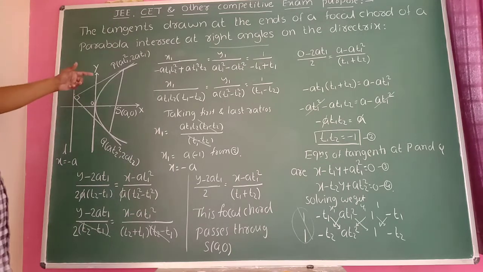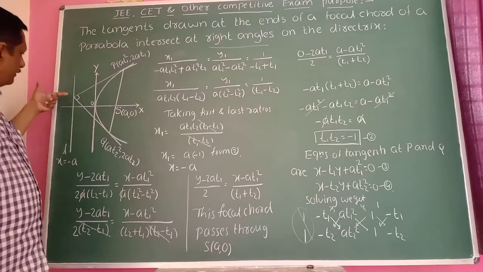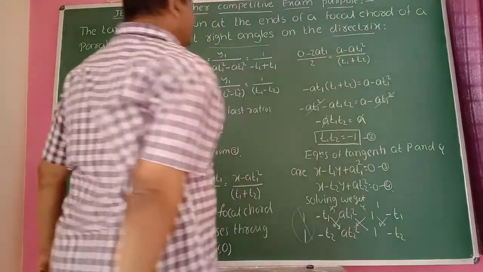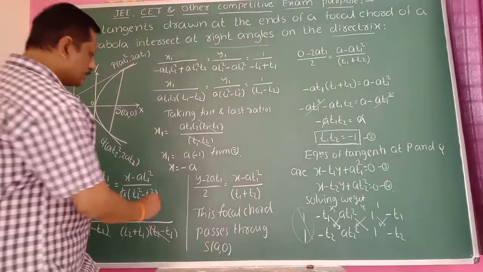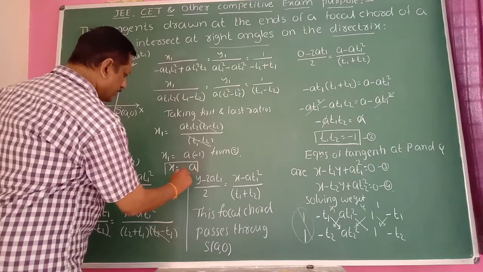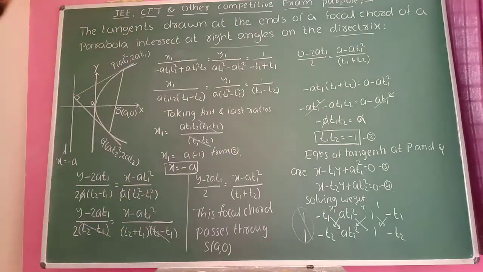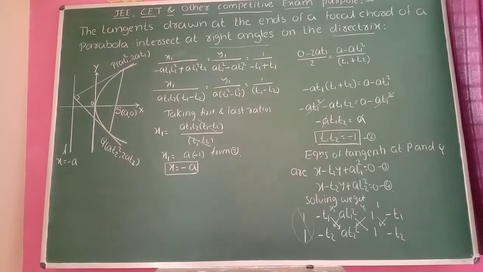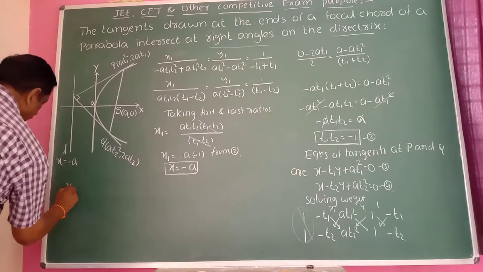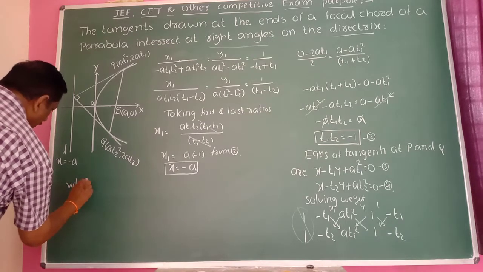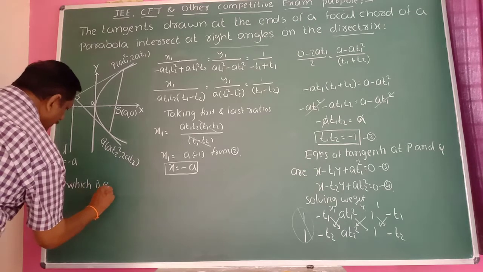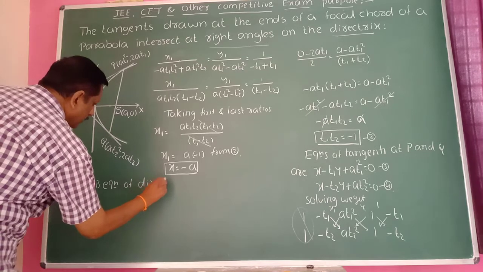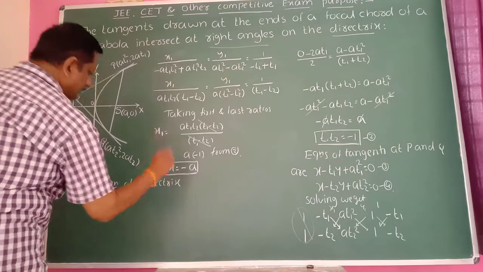Means both tangents meet on the directrix here. So the tangents meet on the directrix because x equal to minus a is the equation of what here? Directrix here. Which is the equation of directrix.